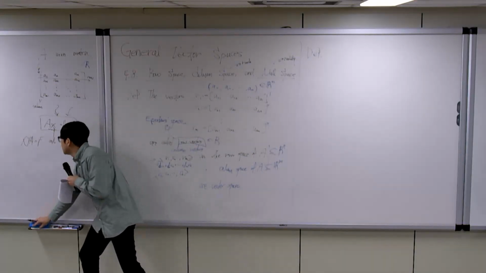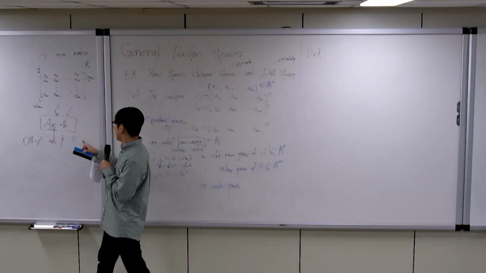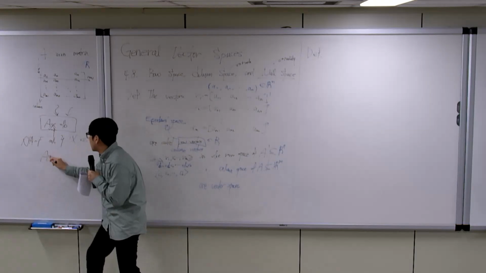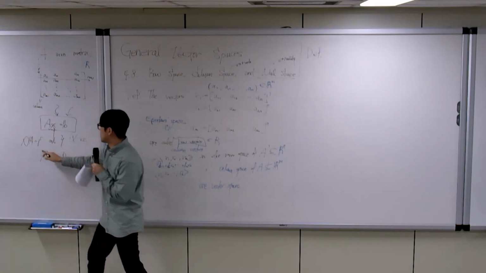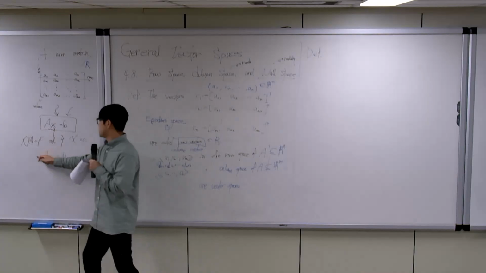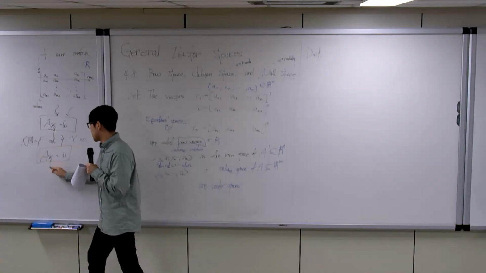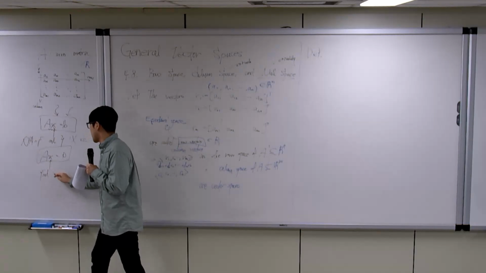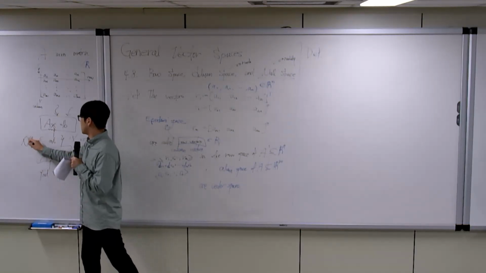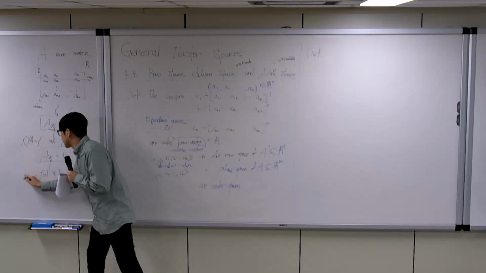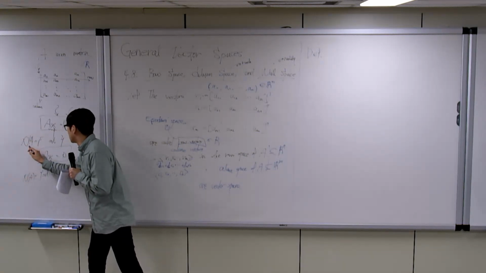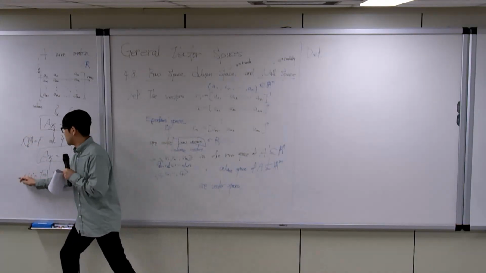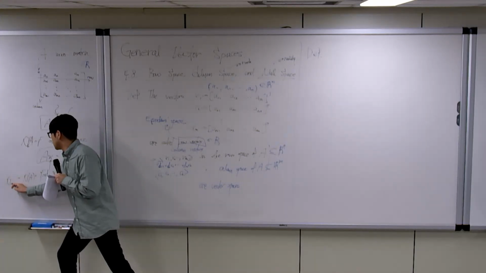But if you consider Ax equals 0, the homogeneous case, in this case, if you gather all solutions x, I will say n of A, that means this is n of A.